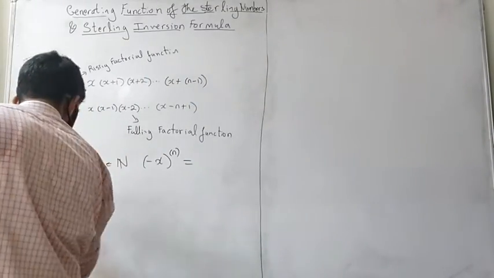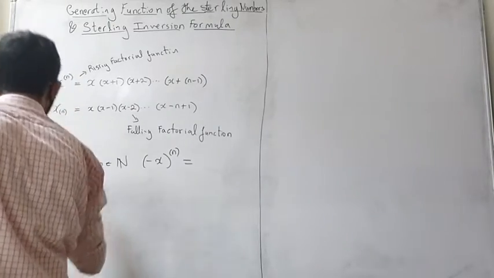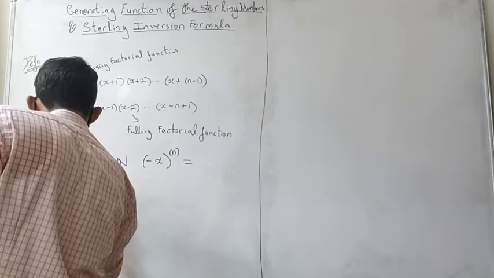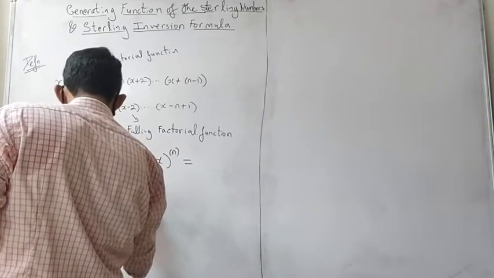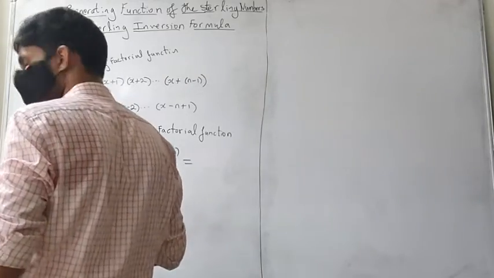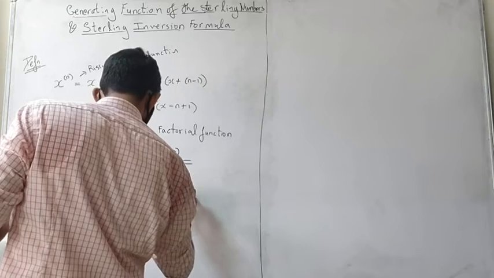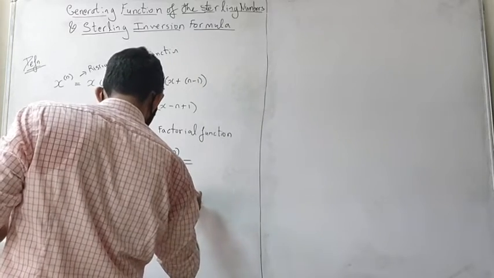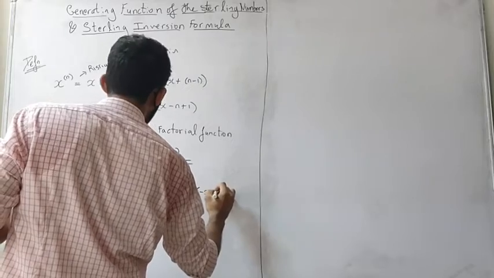It's not difficult to see this. So minus x rising n, what will this be? By definition, this is minus x, then minus x plus 1, into minus x plus 2, up to minus x plus n minus 1.